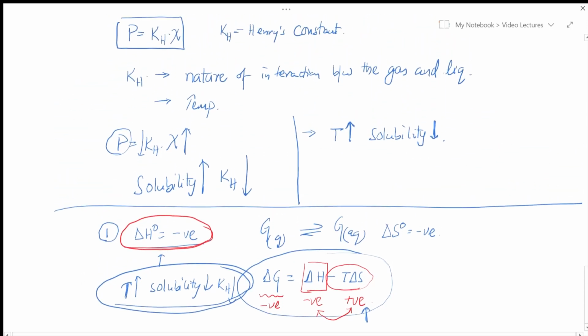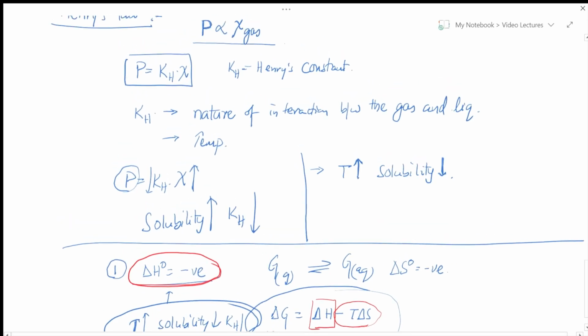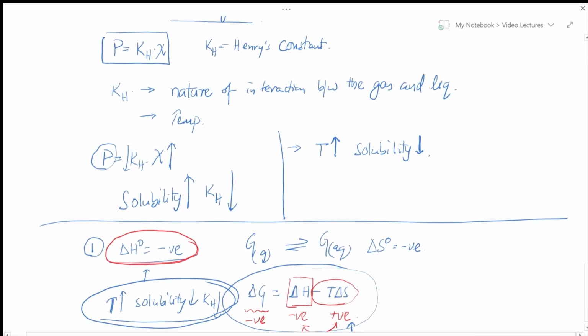So, just to wind up a little, KH, or Henry's constant, depends on the nature of interaction between the gas and a liquid. So if you have different gas-liquid couples, you'll have different values of KH, and the mixture for which solubility is higher will be the mixture for which KH is lower.